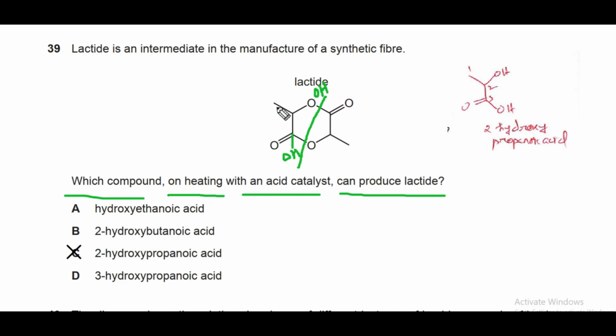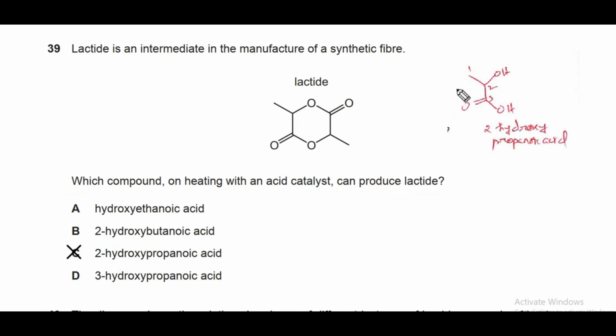So this name will be 2-hydroxypropanoic acid. 2-hydroxy, 1, 2, 3 carbon carboxylic acid, propanoic acid. Number 2 carbon contains an OH group. So 2-hydroxypropanoic acid will be the answer. If 2-hydroxypropanoic acid is heated with an acid catalyst, we will get lactide.